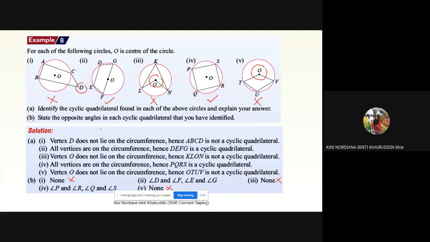So for cyclic quadrilateral, there is an opposite angle. For diagram 2, angle D and angle F. So this is opposite angle. Also angle E and angle G. For diagram 4, angle P and angle R, as well as angle Q and angle S.